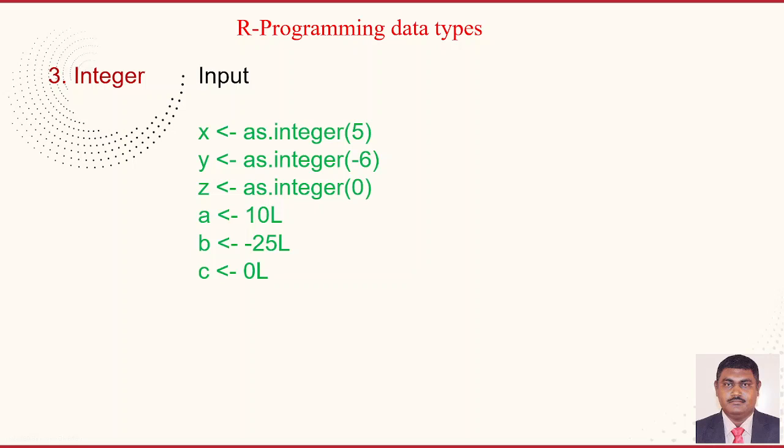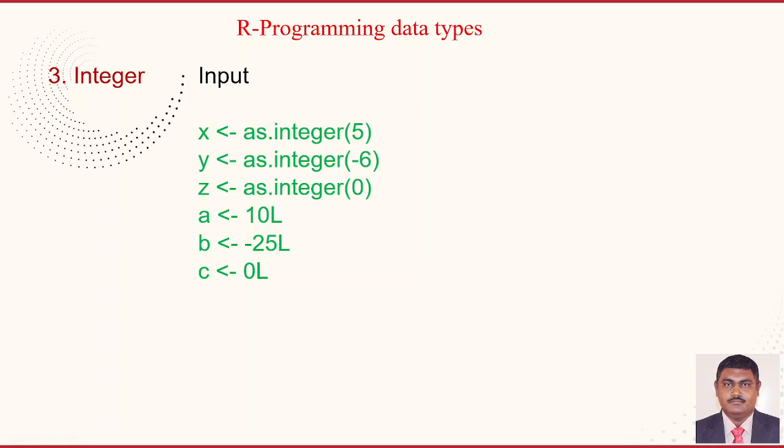Similarly, you can assign variable a tends to 10L, b tends to -25L, c tends to 0L. So you can represent the integer with the function as.integer of value, or simply with the capital letter L as a suffix to that number, which indicates the integer.